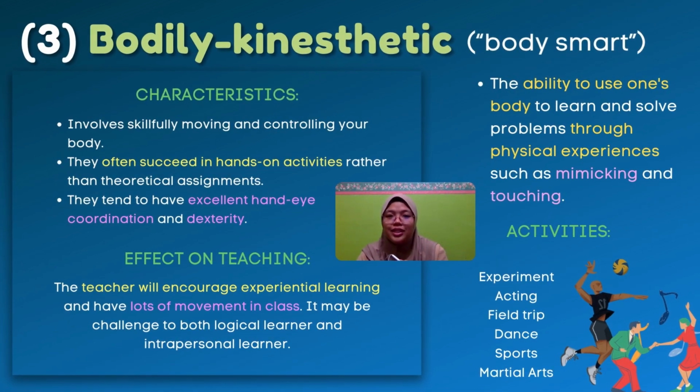Third, bodily kinesthetic intelligence, or body smart. With this intelligence, the learners are able to use their body to learn and solve problems through physical experiences such as mimicking and touching.